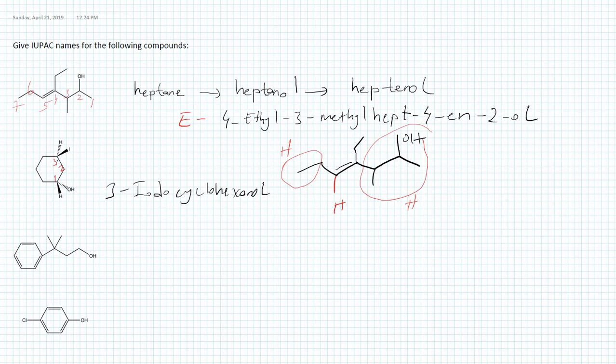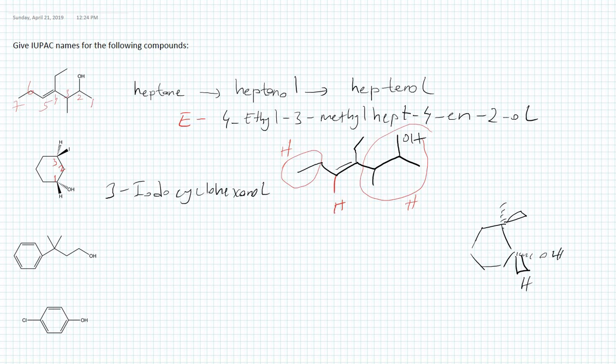Let's start from number 3, and I'm going to draw the molecule here again, then we can assign R or S configuration. I redraw the skeletal structure.